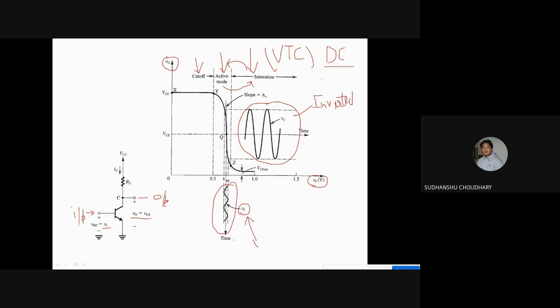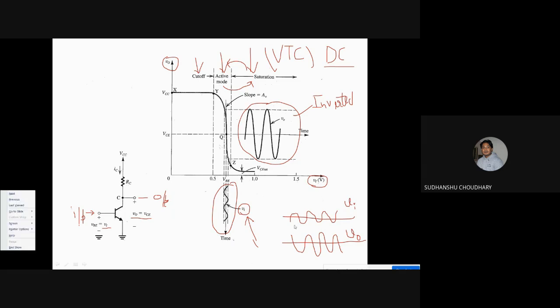So if I am applying this input, at the output you will see an amplified version of the input. Let us say this is the small signal input voltage, and this is the amplified version of this input voltage at the output. So it is inverted.